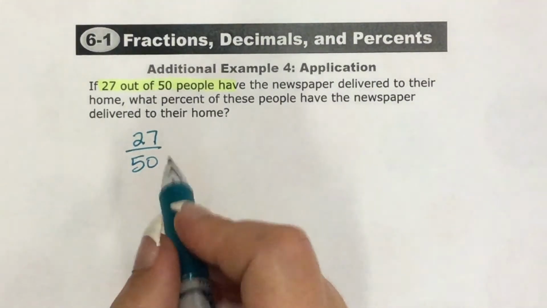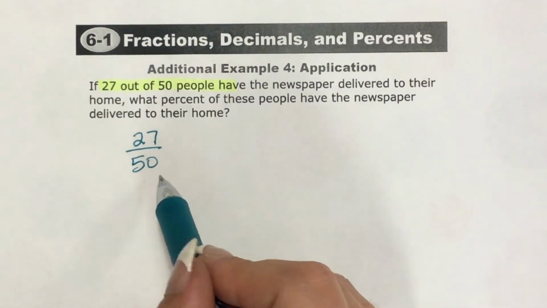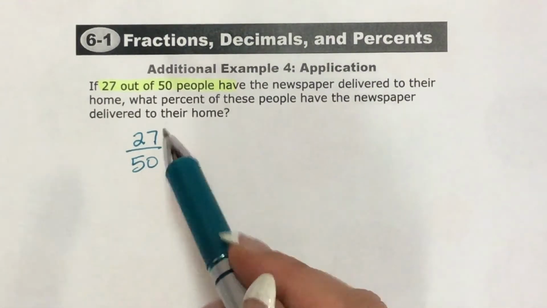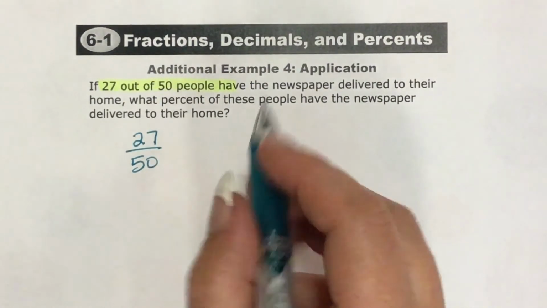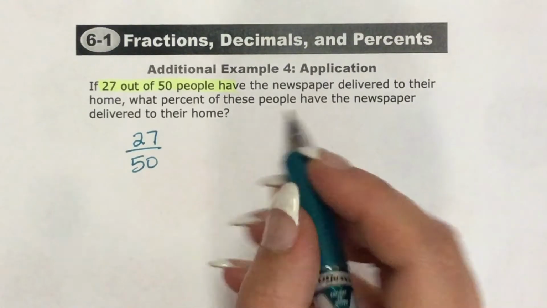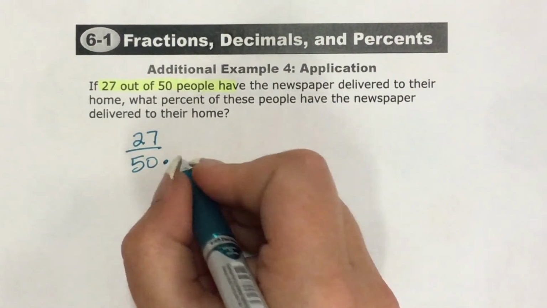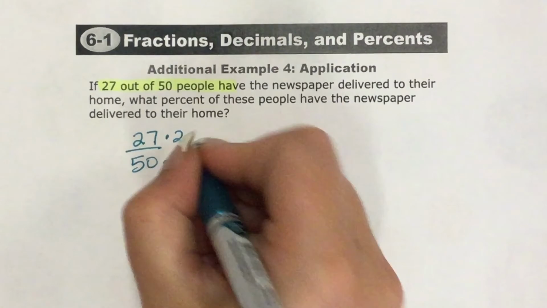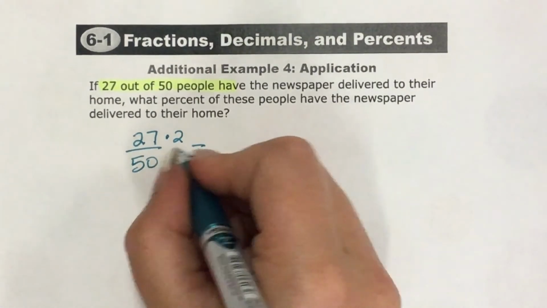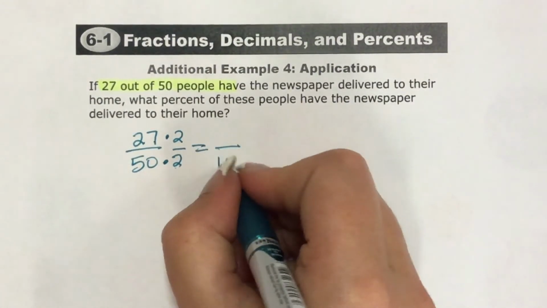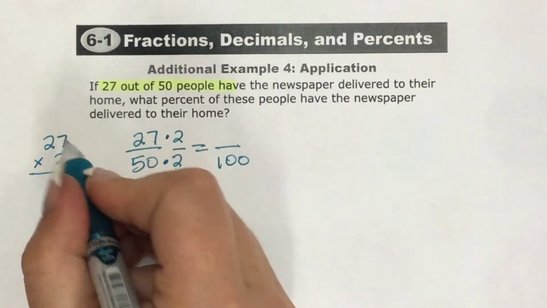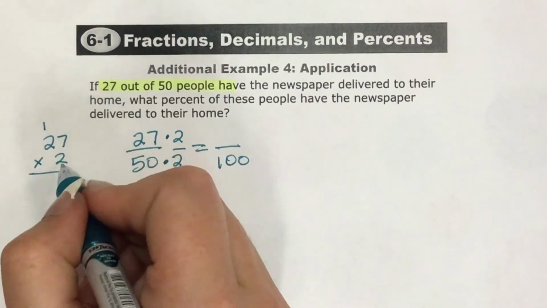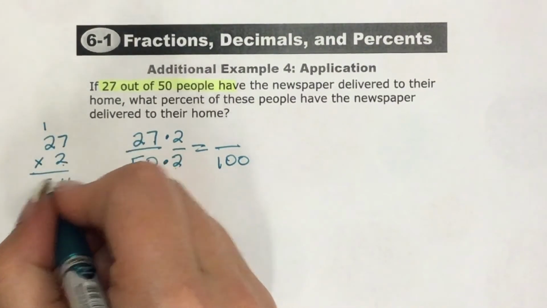Now what I notice about this one is that I can convert this to a denominator of 100 pretty quickly. I could do it using long division, right? But I think this problem will be easier if I just get a fraction with 100 on the denominator, and I can do that by multiplying the bottom and the top by 2. 50 times 2 is 100, and then I just need to do 27 times 2: 2 times 7 is 14, carry the 1, 2 times 2 is 4, plus 1 is 5.